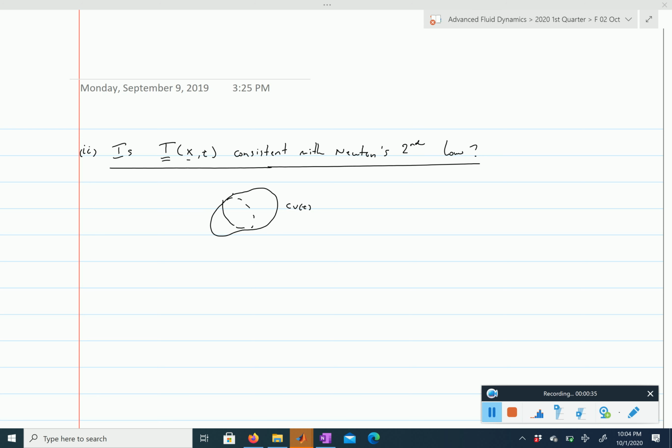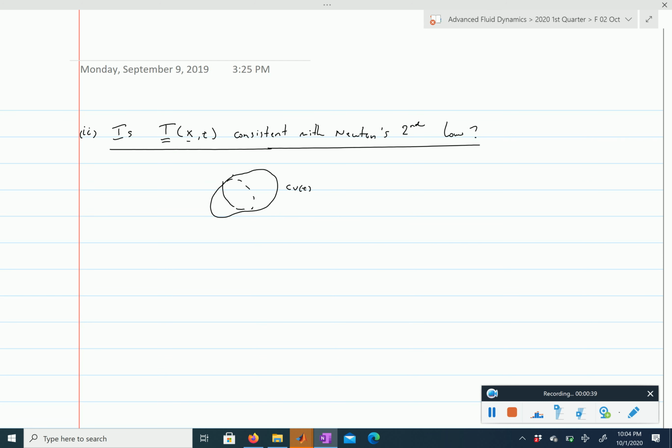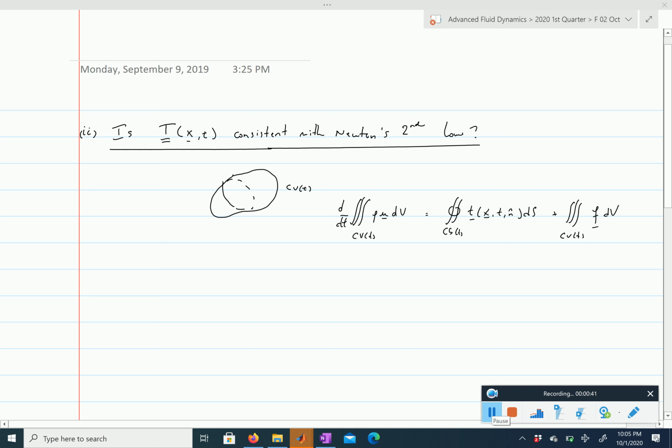So we've derived Newton's second law for a continuum, and what we found is the following. The change of total momentum inside of a control volume is equal to the sum of the resultant forces, so the sum of all of the body forces plus all of the forces exerted by the continuum outside of our control volume onto our control volume.